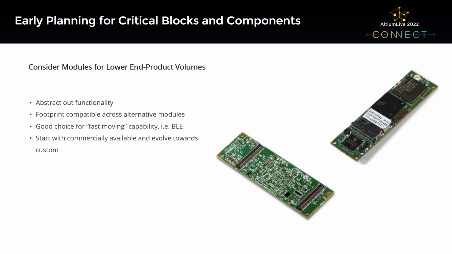And if you had developed your own and you find that your parts aren't available, you might be able to buy the modules. Again, it's going to cost you more, but we're trying to make sure in this case that we're able to ship our product. So you can start with commercially available and evolve it towards custom.